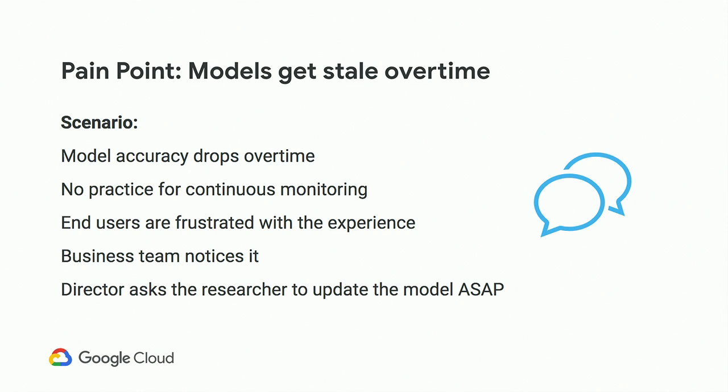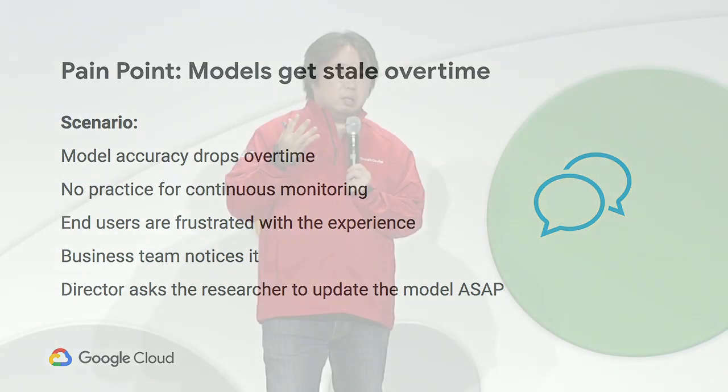But if there's no practice of continuous monitoring of the accuracy, the end users would be the first people who notice the downgraded user experience or the dropped accuracy. And the business team would notice that, and your director would ask you to update the model ASAP. We don't want to see that kind of situation.